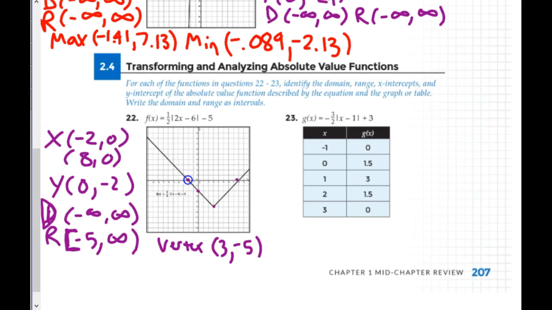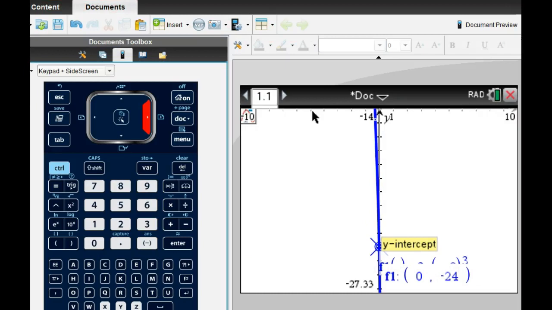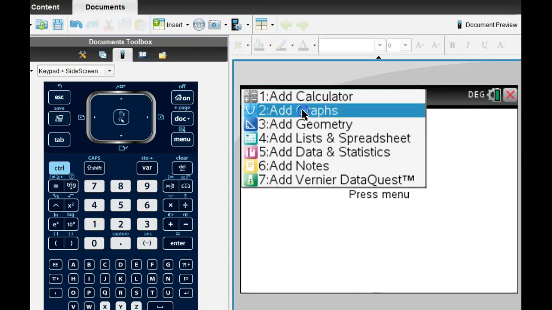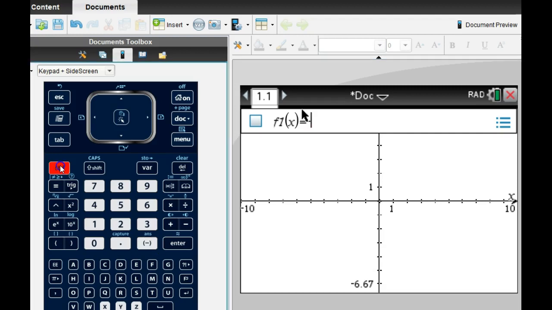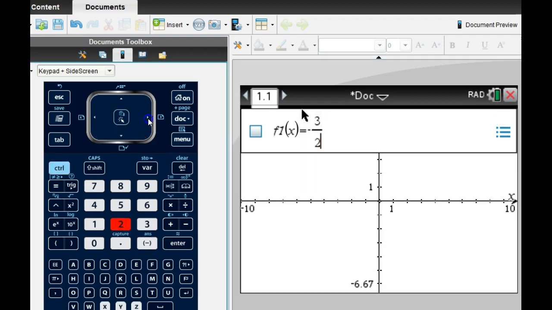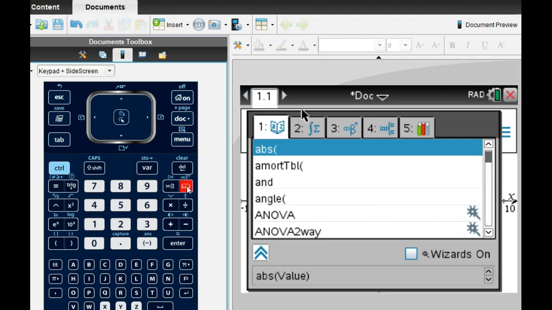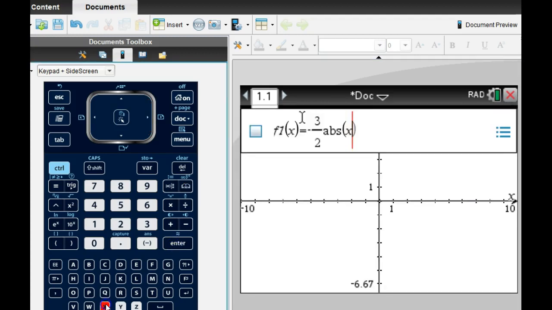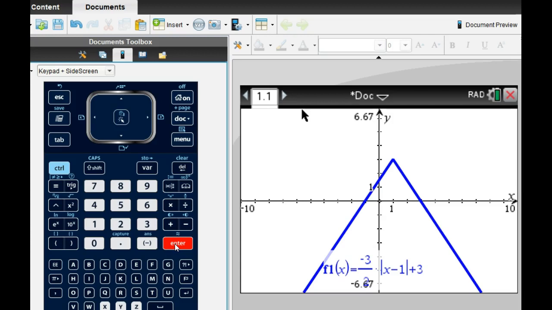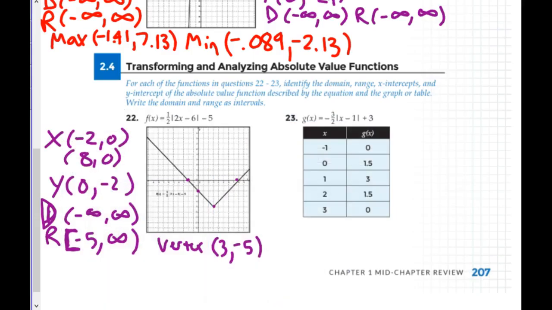So just looking at this, you could graph it real quick. Remember, absolute value is math, enter. X minus 1 is inside the parentheses, and then plus 3 is outside the parentheses. So I got (-1, 0) and (3, 0) for my x-intercepts.